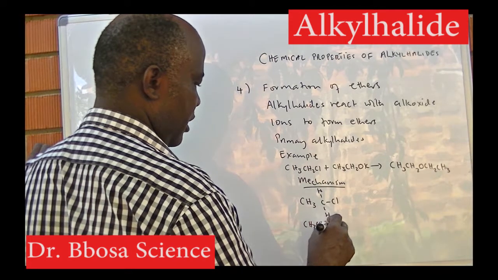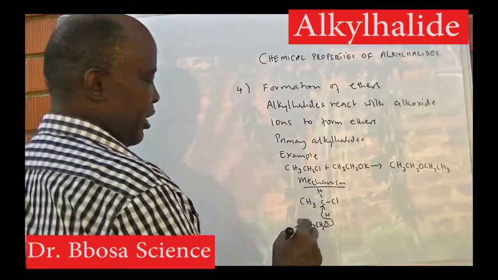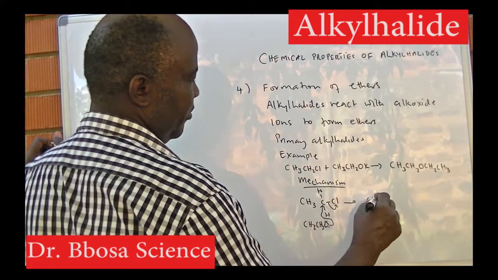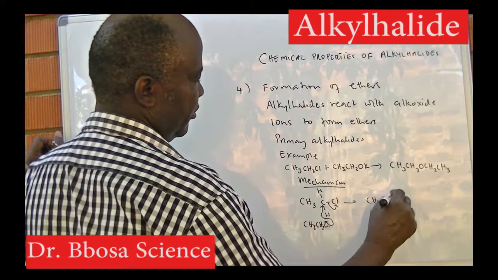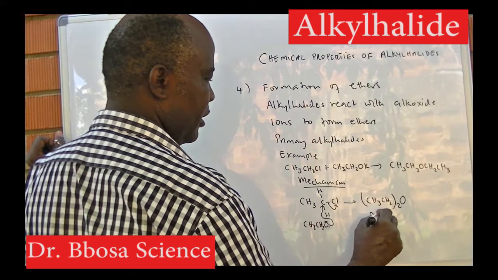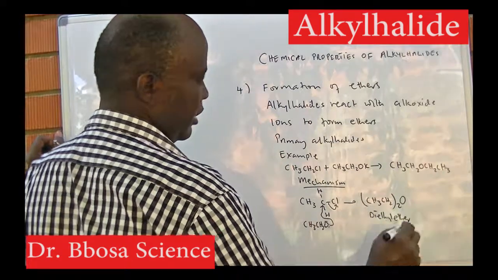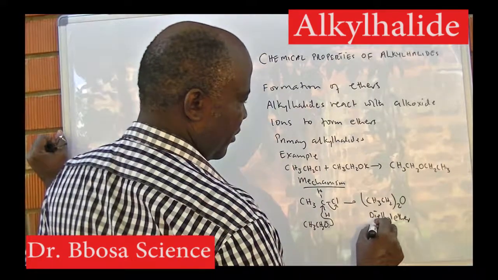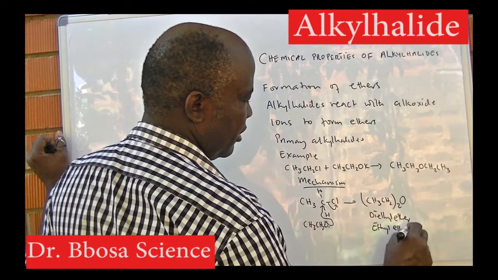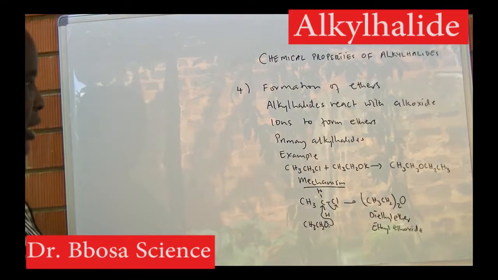The ethoxide ion uses a pair of electrons to displace the chlorine ion to form the product, which is diethyl ether, or ethoxyethane.